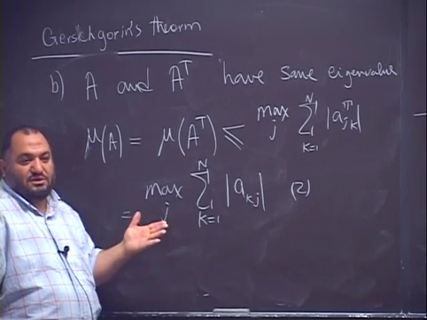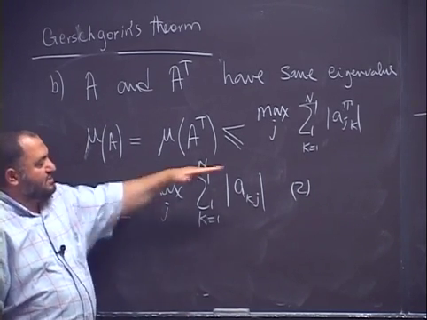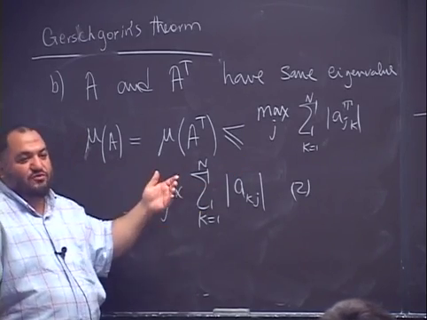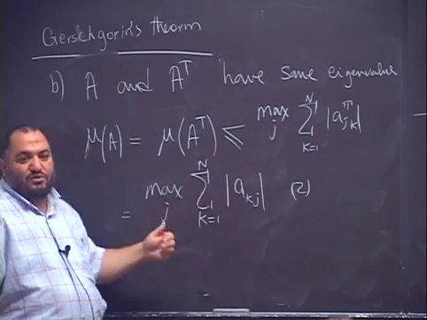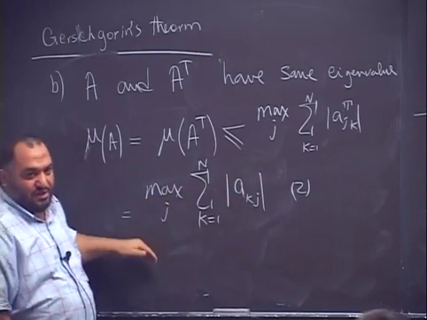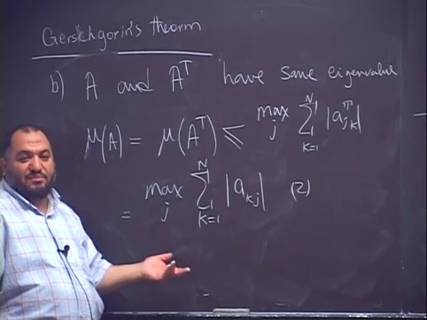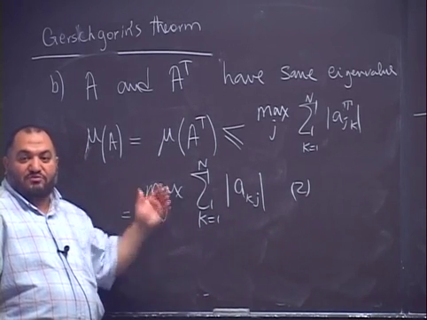So two methods, two techniques. Either sum all rows: row number 1 will give you a value for lambda 1, row number 2, lambda 2, row number 3, lambda 3, row number n will give you lambda n, and figure out which one is the maximum. So this will give you an upper limit for what?